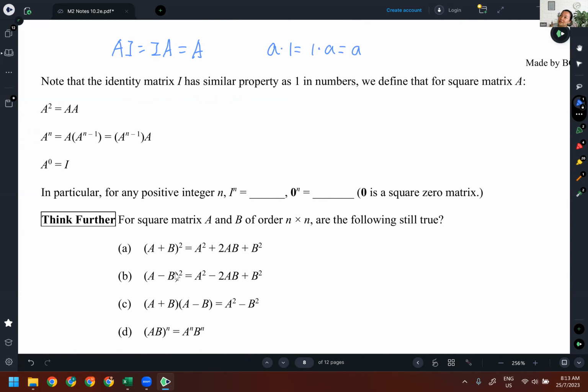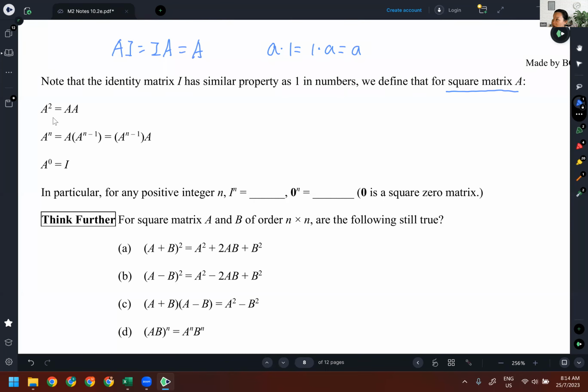So for convenience, we will define the power of a square matrix. Otherwise, it cannot multiply. We define A squared as A times A. A cubed is A squared times A. A^n is A times A^(n-1), basically.